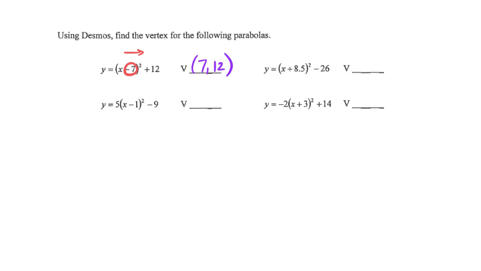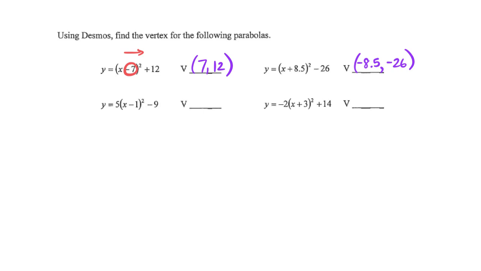Okay, let's see if that pattern plays through. Take a look at the second one, or the one in the top right. I'm hoping we got a little confirmation that the y-coordinate of your vertex was -26, and you should have found that the x-coordinate of your vertex was -8.5.